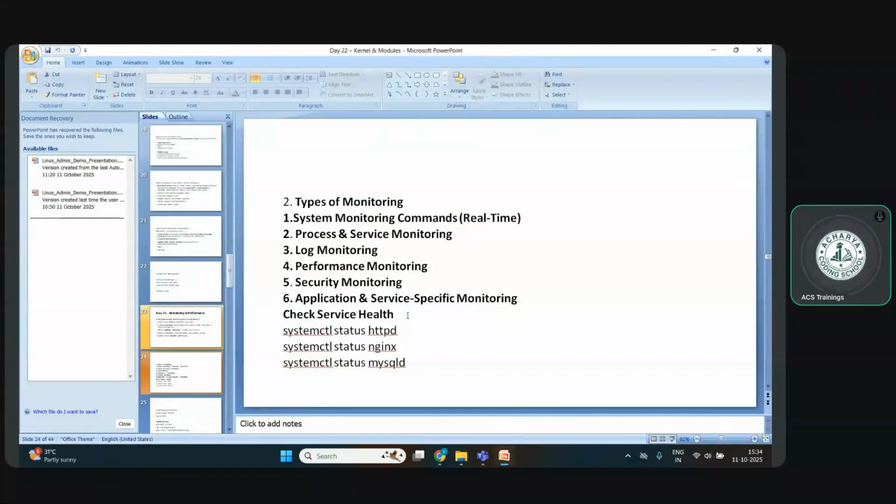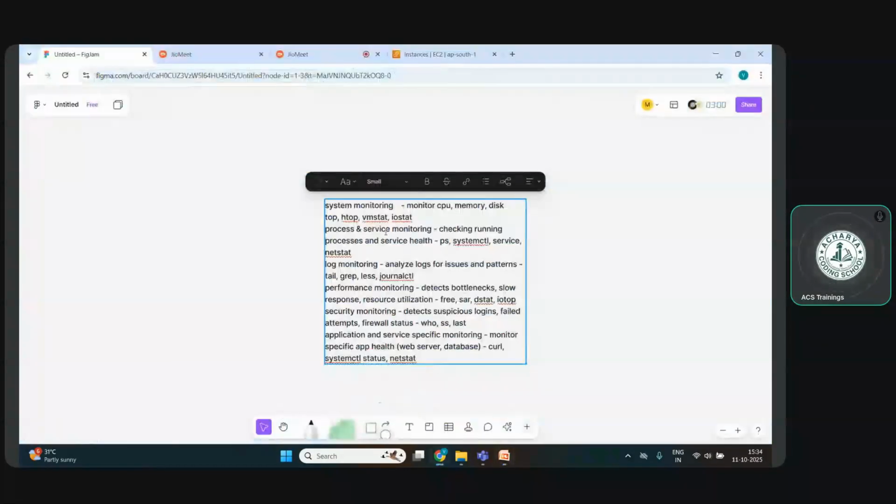So let us now execute each and every command. Of the types of monitoring, we already discussed in the previous classes top, htop, ps, netstat, tail, grep, less, journalctl. What we have done with all these commands in the previous classes is check the running processes in our system.